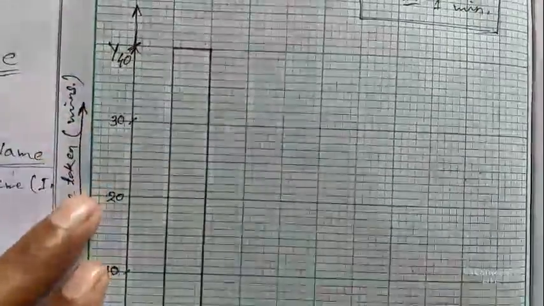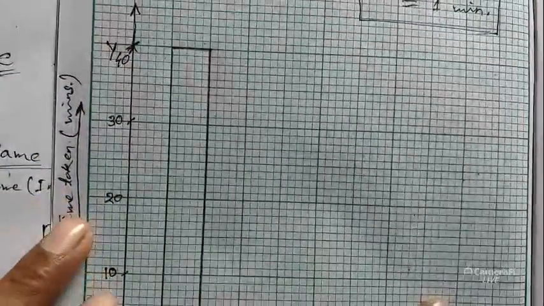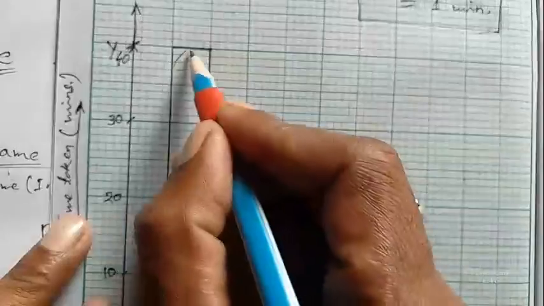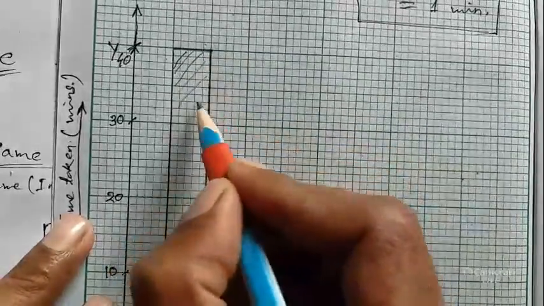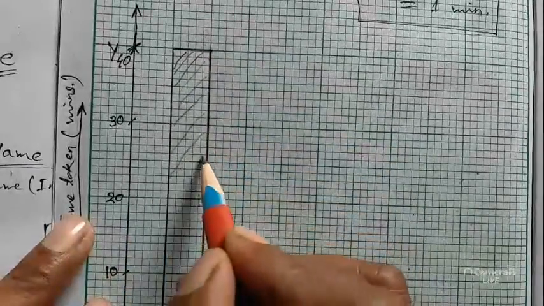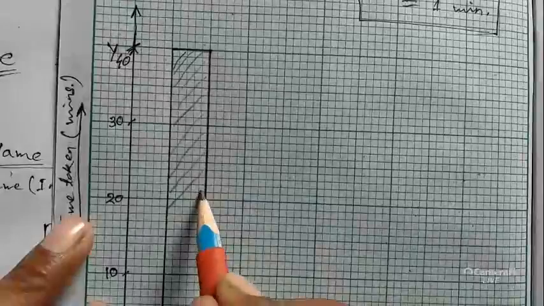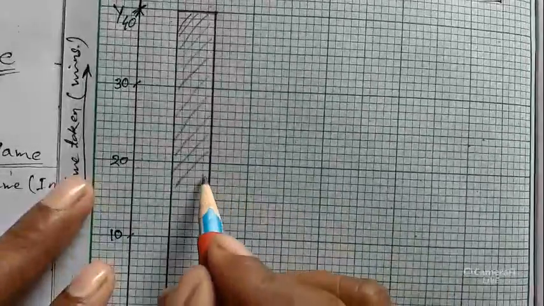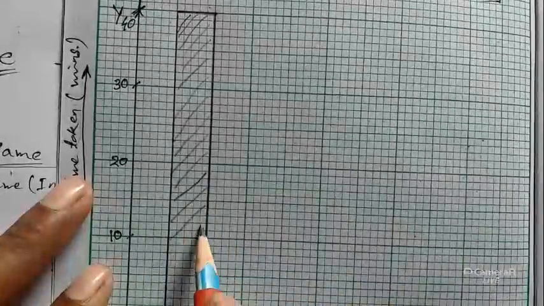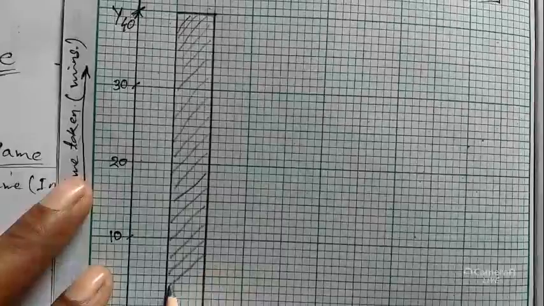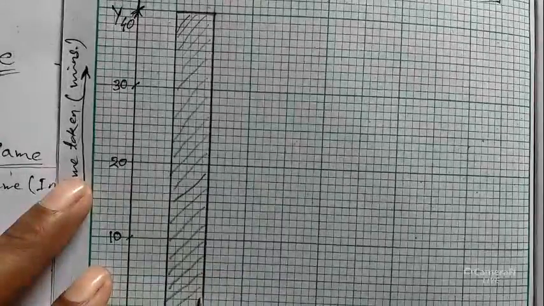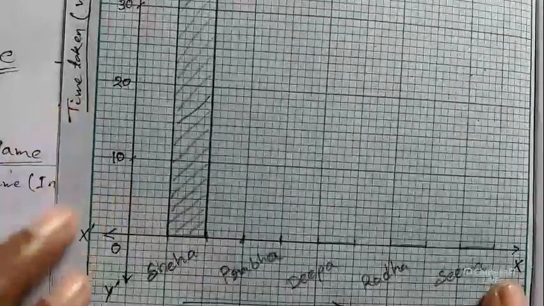So this one is the rectangular bar for Sneha. For more clarity, we can hatch the lines in this way. So this is the rectangular bar for Sneha.